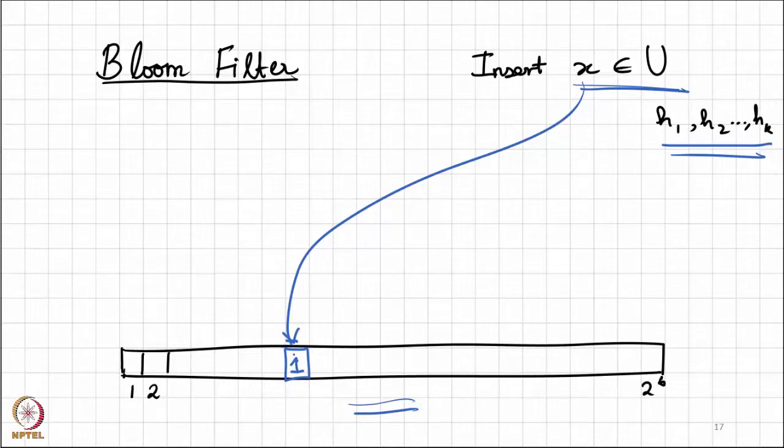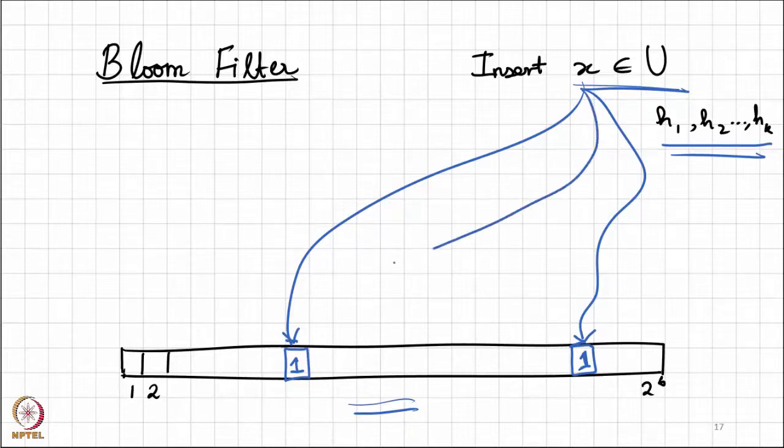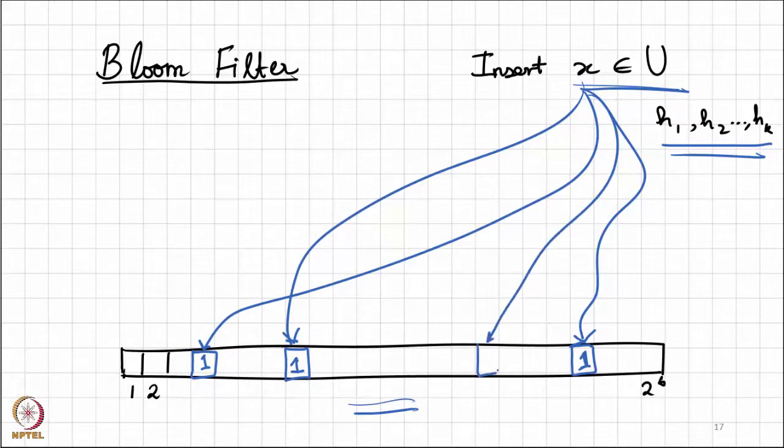And let's say h2 of x leads us to this location. We would now place a 1 in that location as well. For example, let's say h3 of x hashes into that location. We would place a 1 there as well. We'll continue to do that, and let's say the kth hash leads us here. We will place a 1 there.